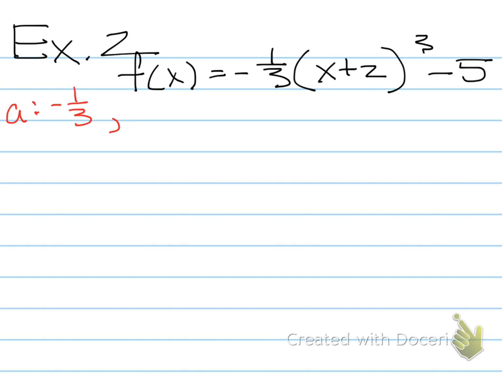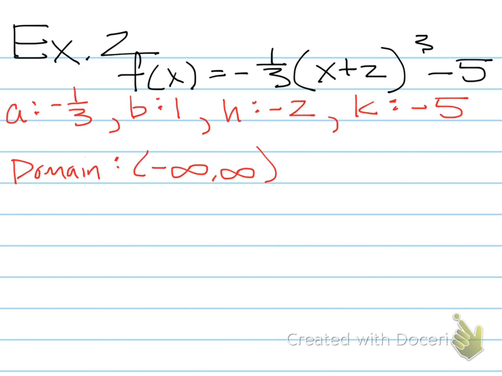For b, we've got 1. For h, negative 2. Actually, we're just finishing the rest of that example 2.